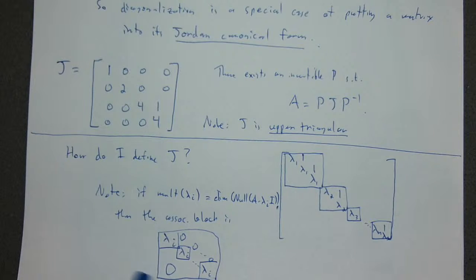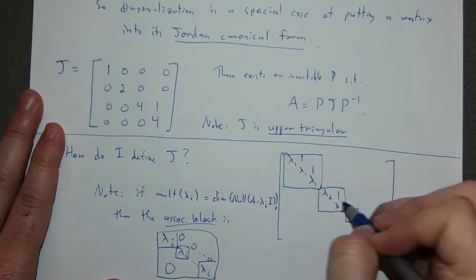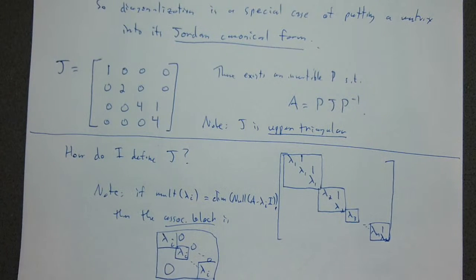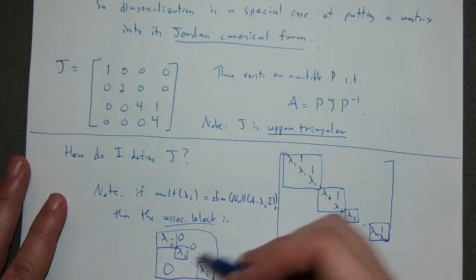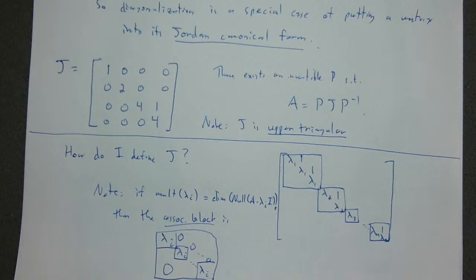You could consider each of these separate blocks if you wanted to. That way your block always has the ones, versus these which don't have the ones. So maybe that's a better thing for what you want to say. That way your blocks always look the same. Yeah, in fact, you should do that instead.